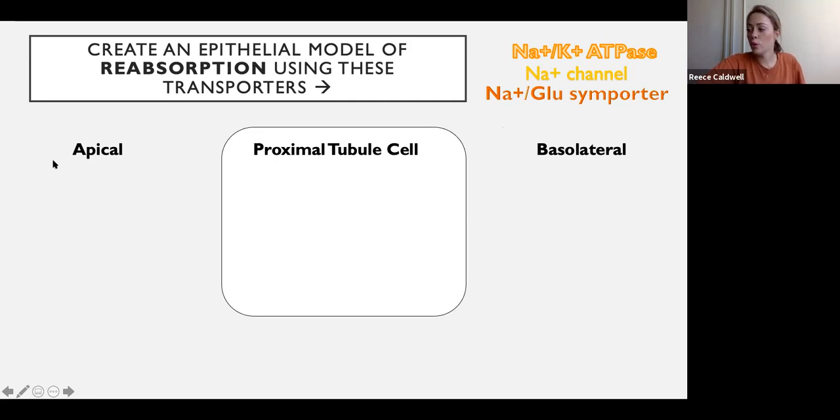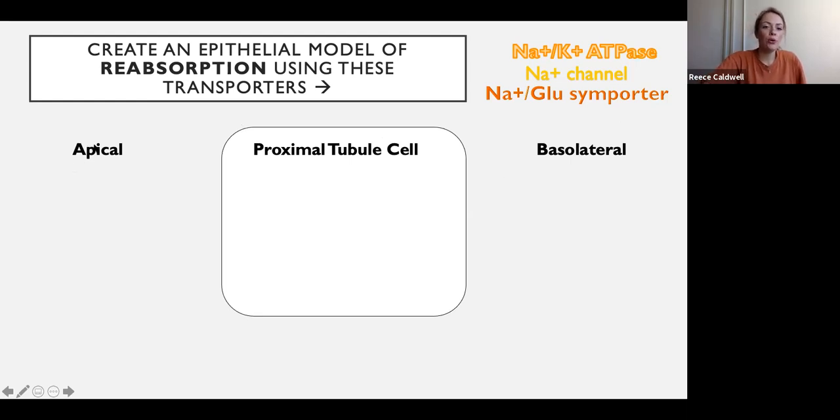Apical is talking about the lumen, so like the inside of the blood vessels, the afferent arteriole and the capillary beds of the glomeruli. Then we enter through the proximal tubule cells, and then the basolateral is kind of the inside of the body.